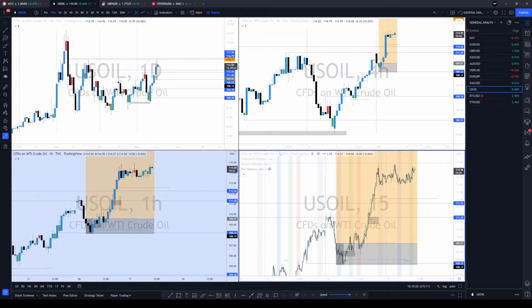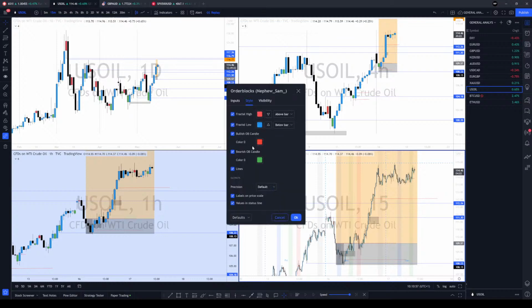Okay, and the color scheme that I use is for bullish, which is the bearish auto block, I use the red, and for bearish, which is the bullish auto block, I use the green. Those are the things you need to change, because the default comes with something else, but I like the red and green.